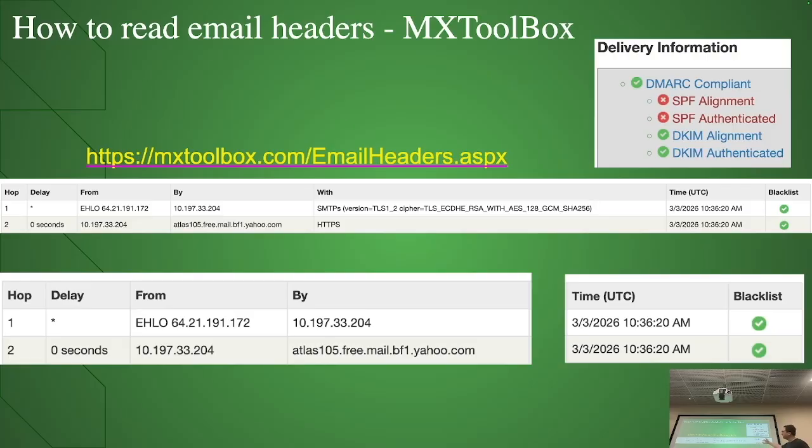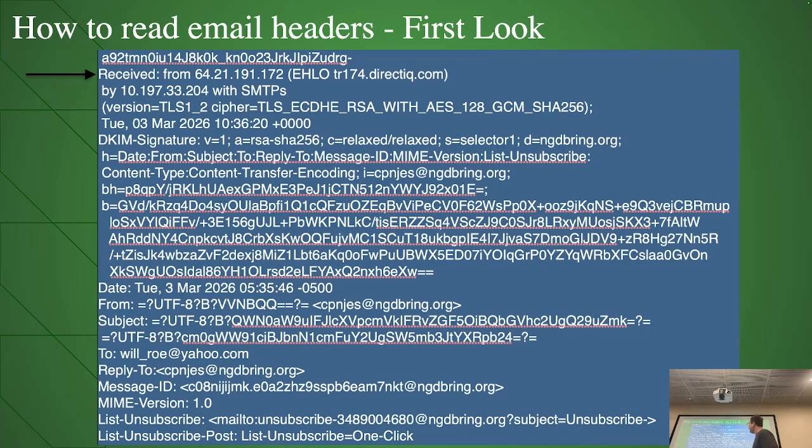So right here, the email header, I put the link up there for the toolbox. Like I said, this one is able to say the different checks that it passed. It failed the SPF check, and I want to point out that, actually, I can't point it out because they used base 64 to encode it in the from and the subject.